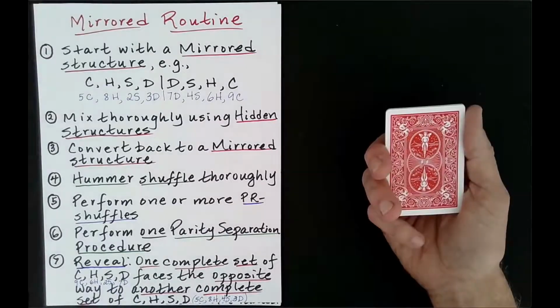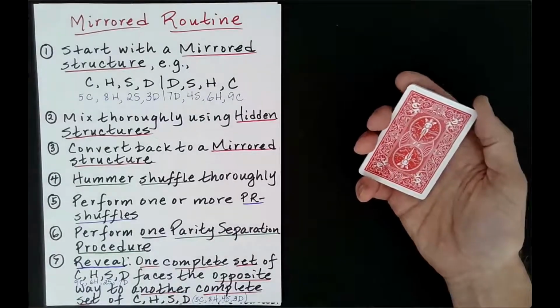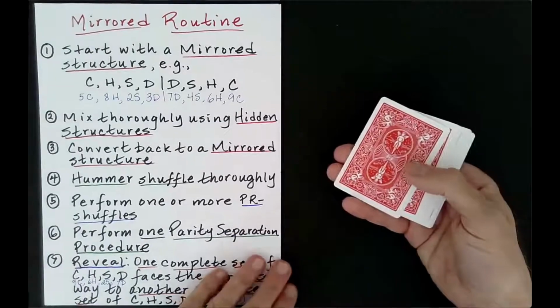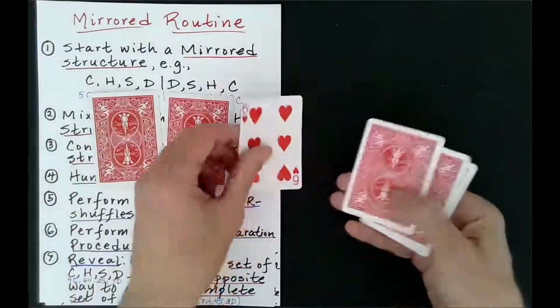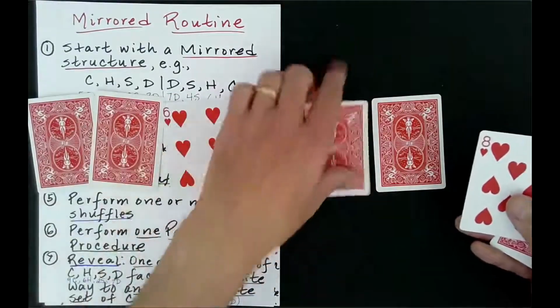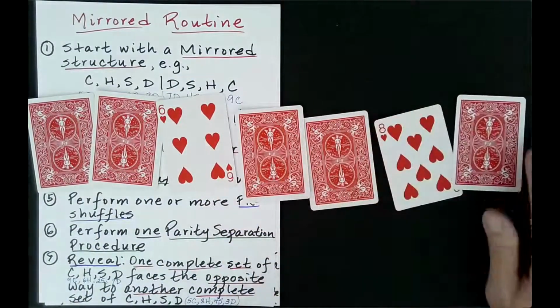Okay, so now we will perform any one of our parity separation procedures. Now, we can do one that we haven't actually done yet. So you can actually put out the cards like this. They fit.